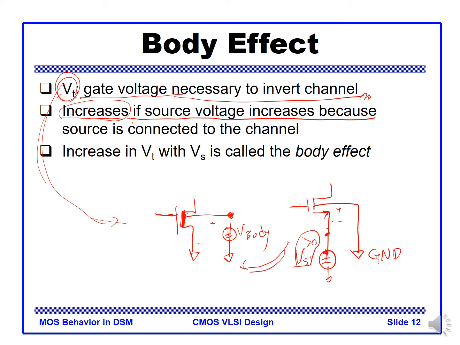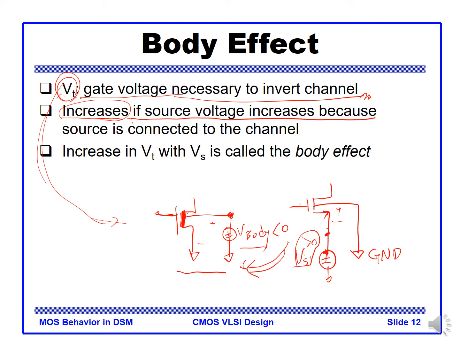If you compare that with the left, it looks like a body voltage less than ground, the equivalent structure, right? So if on the left hand side the body voltage is less than ground, then the voltage we have to apply here to make the channel inversion must be greater, right?